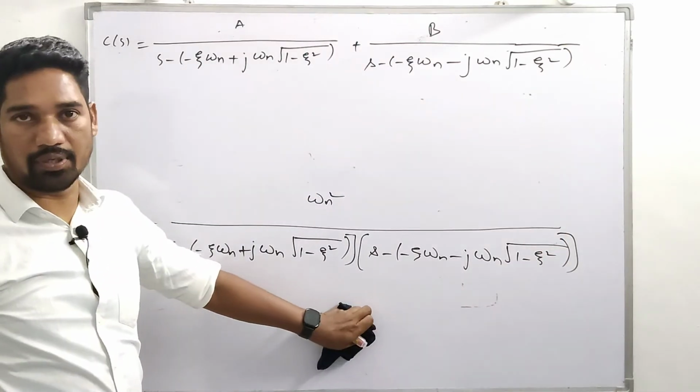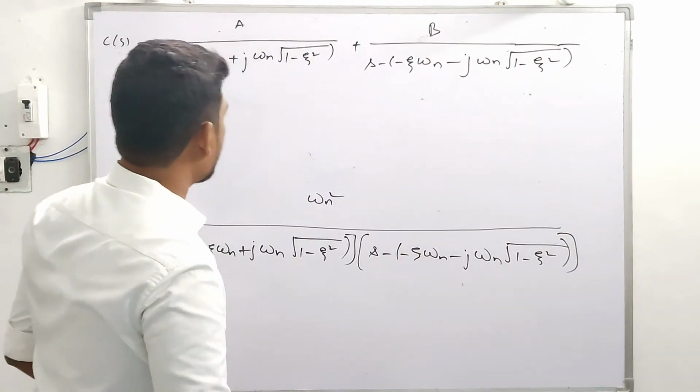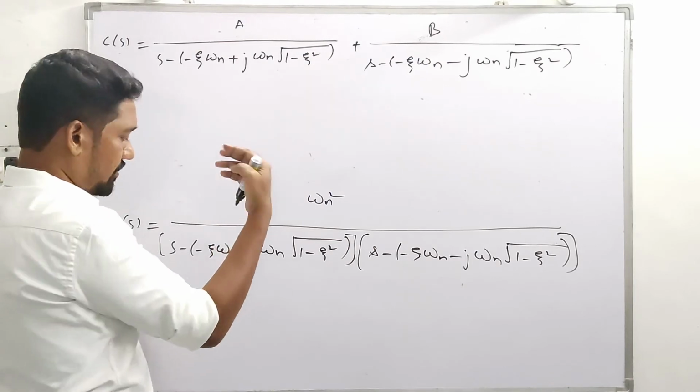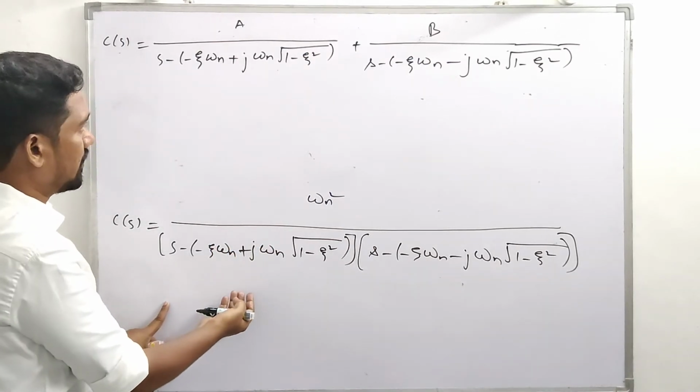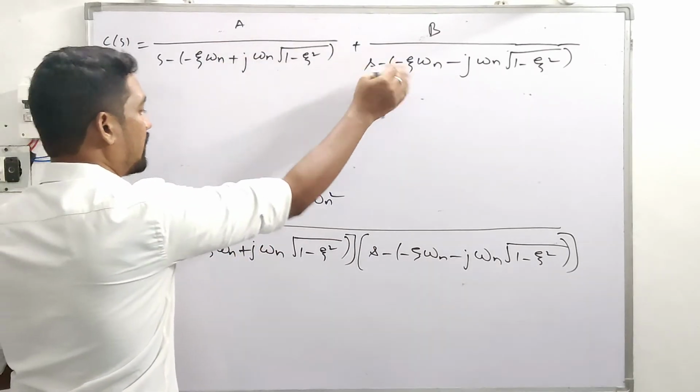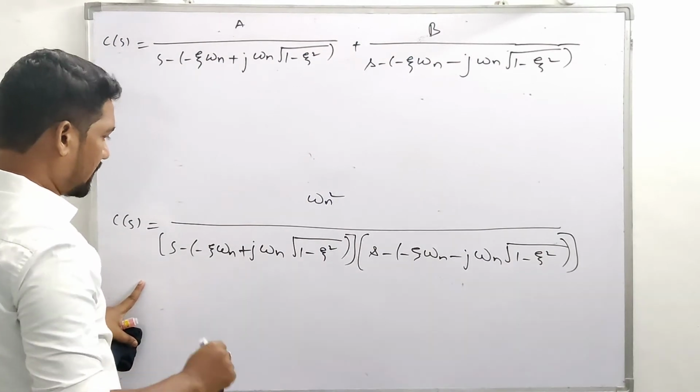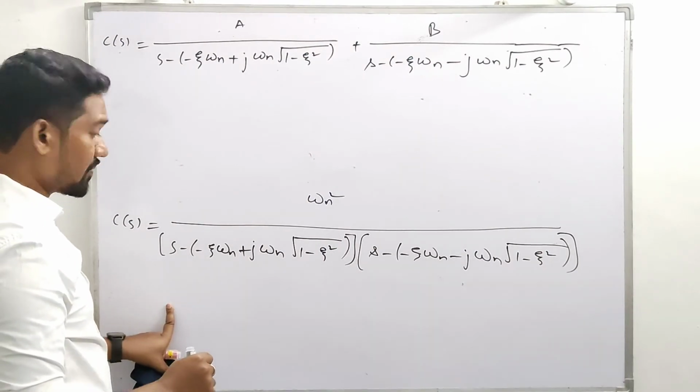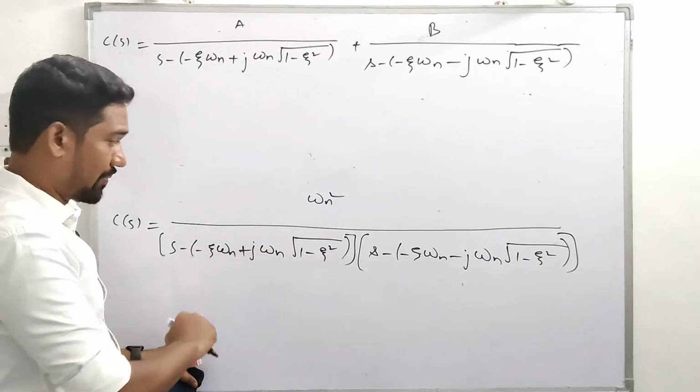So for the second one, all right, so this is the one, and we need to evaluate just what we have done with the previous analysis. Evaluating a and b will give us the simplification towards u of t, the inverse Laplace transform, whatever.